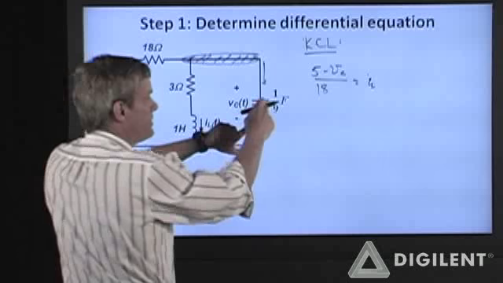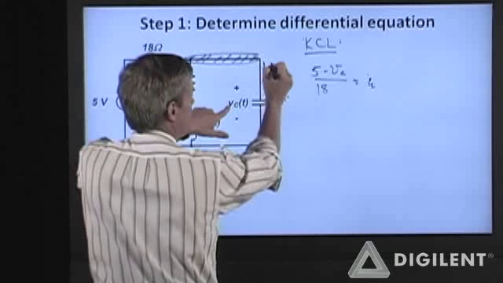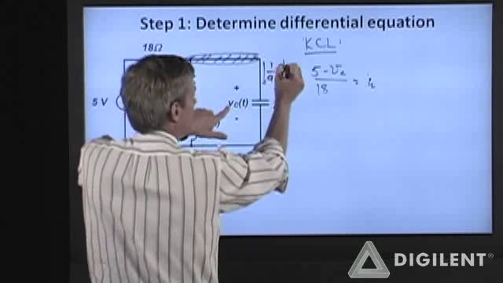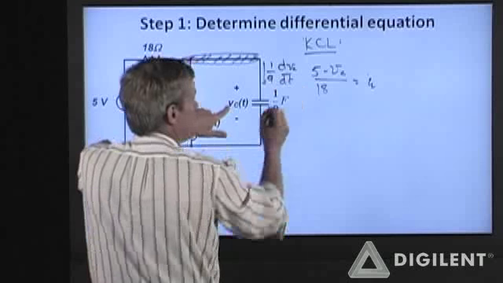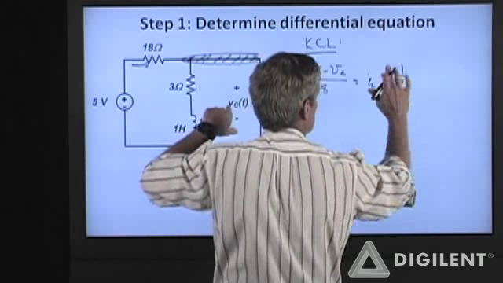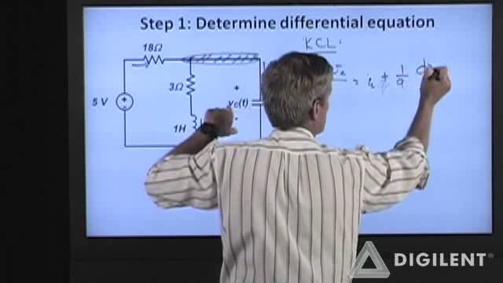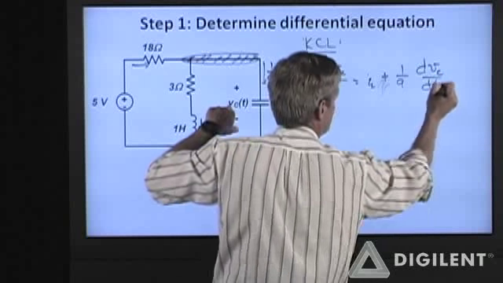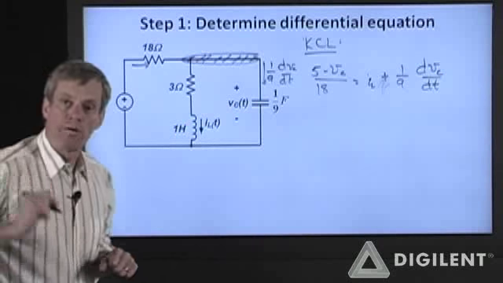The capacitor current is C dVc dt, which is 1 over 9 dVc by dt. So there's one of my equations.